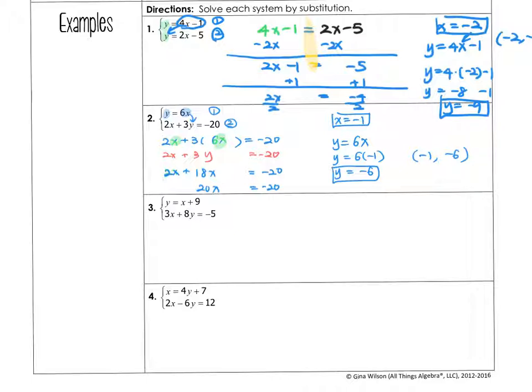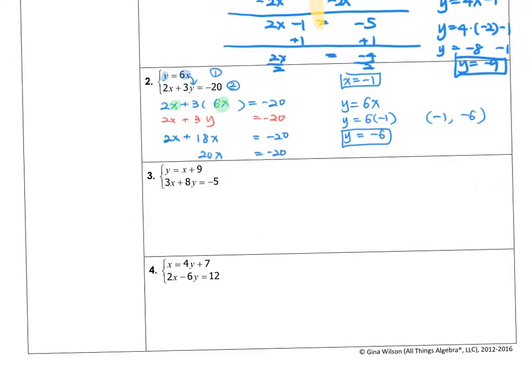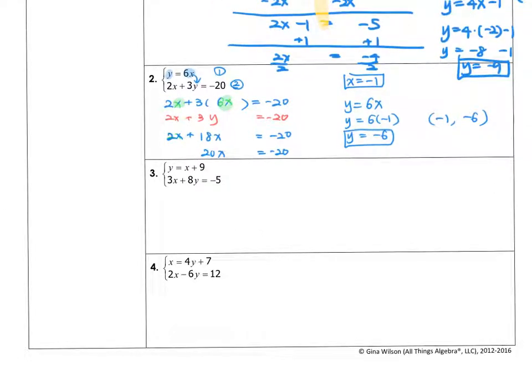All right. Try the third one on your own, which is exactly the same. And I'll do the fourth one, which is also the same. So pause the video, try the third one, then come back and do the fourth one with me. So the fourth one is also the same, except this time they solve the x for you. So I will call this first equation, and I call this second equation.